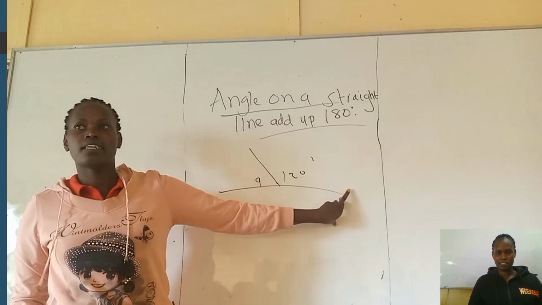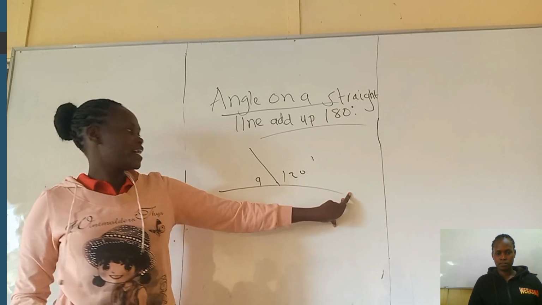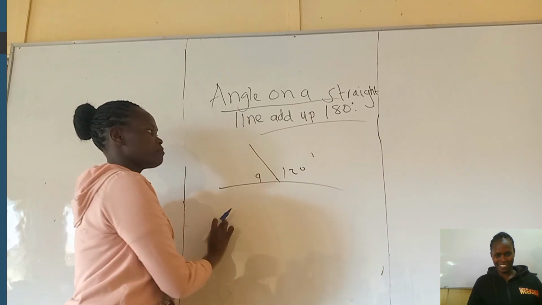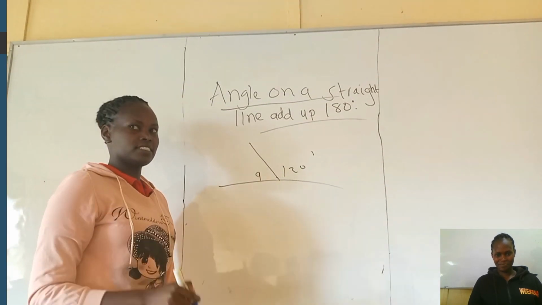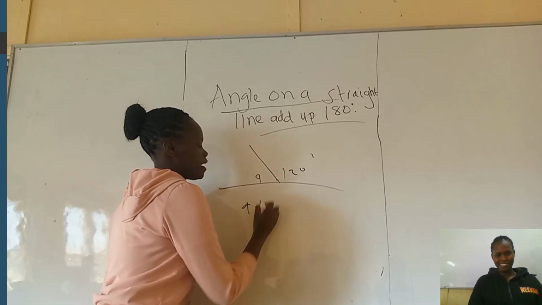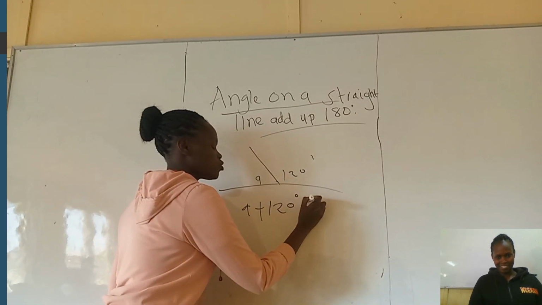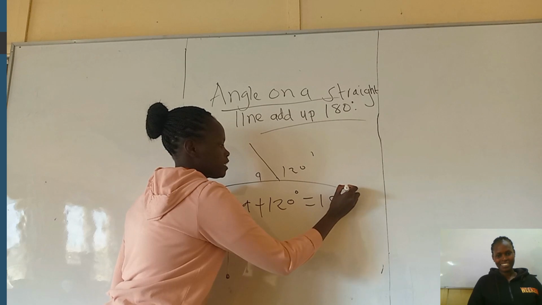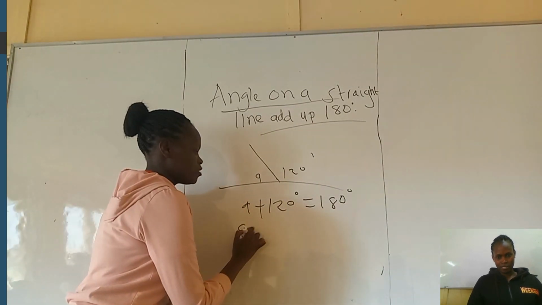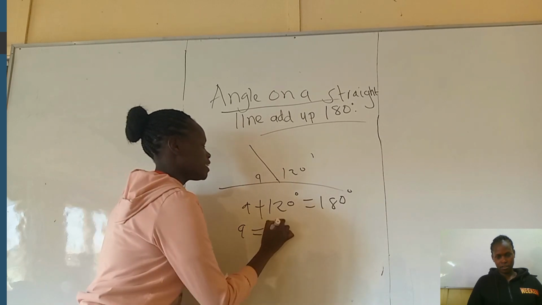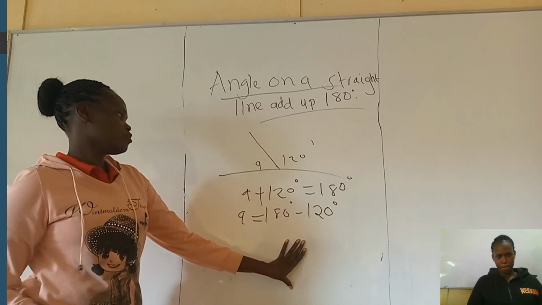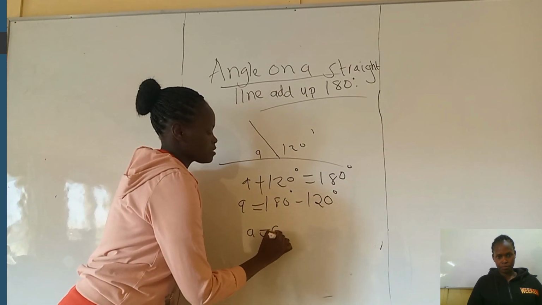Angles on a straight line should add up to 180 degrees. So when I have 120 plus A, it's supposed to give me exactly 180 degrees. So A plus 120 degrees should give me 180 degrees. I want to get A. I'll say A is equal to 180 degrees minus 120 degrees, which is 60 degrees.